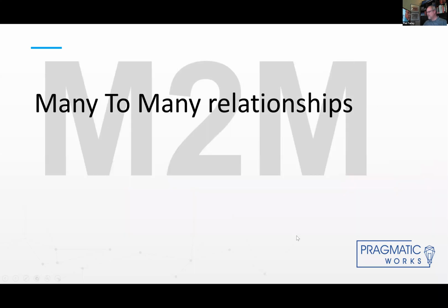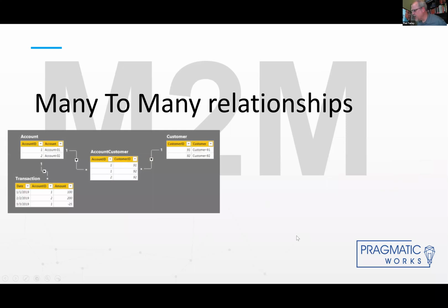All right, many-to-many relationships. There is actually a filter built into Power BI to automatically do many-to-many relationships. It's not a feature that many people use. The typical design pattern for a many-to-many is to create a bridge table.